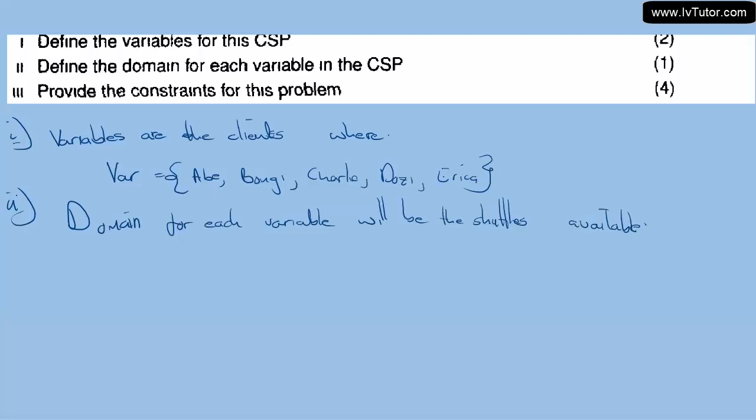We don't know what shuttles or how many shuttles are available, so we can say domain is the set of xi such that i equals 1, 2, 3, and xi is the ith shuttle.